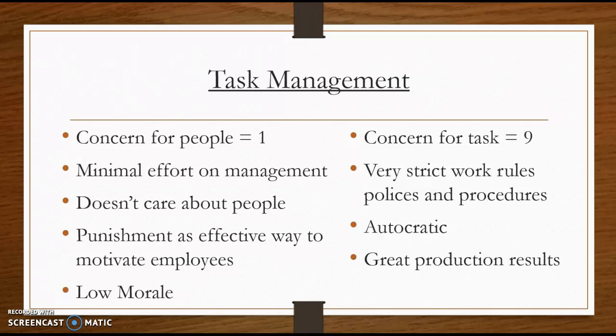It's more so we have to get the task done. It's a very strict work environment. He probably micromanages. The employees are probably very unhappy with low morale, and there's probably a very high turnover rate because the employees are not happy with their work environment.